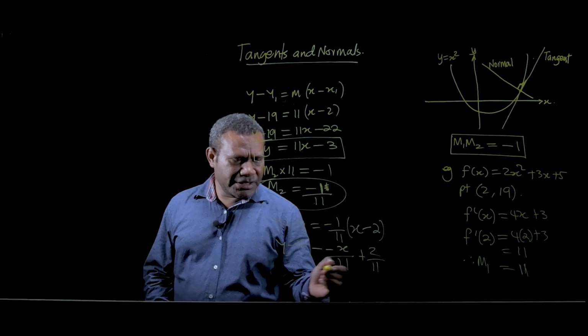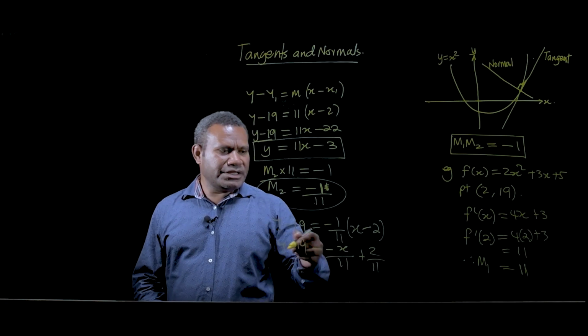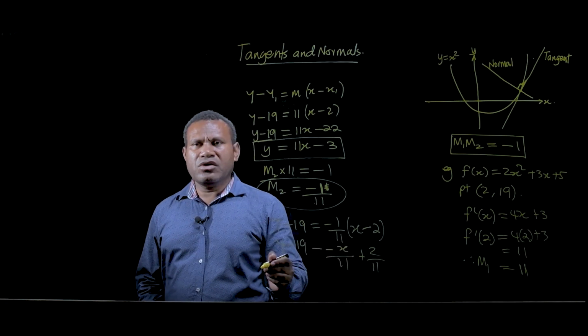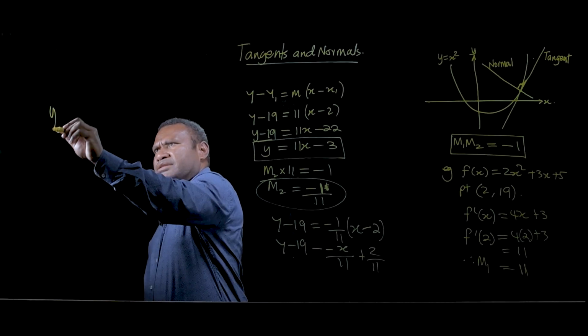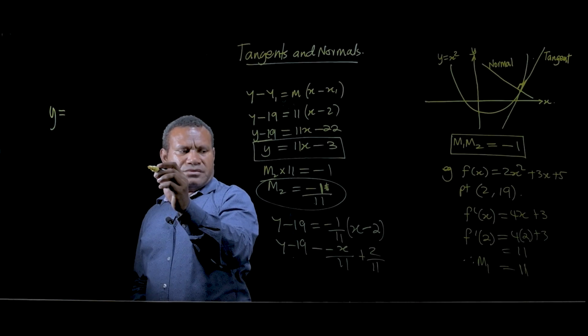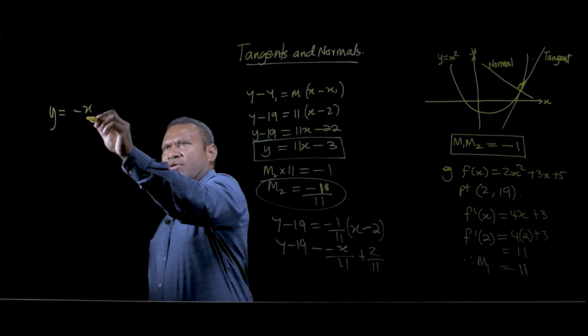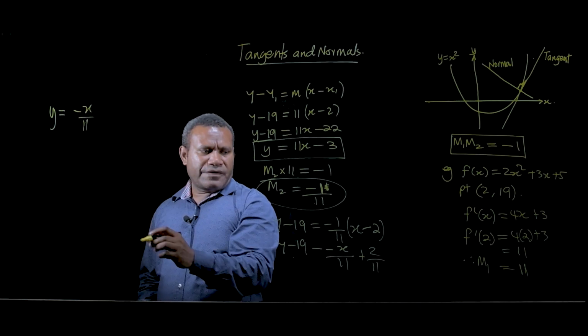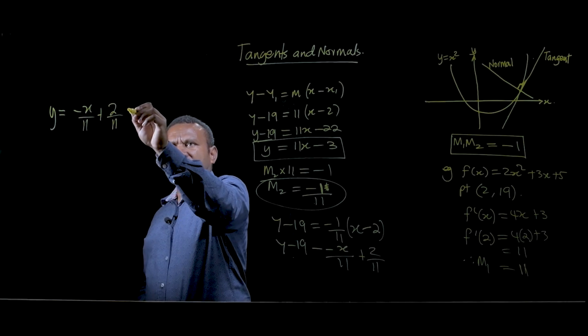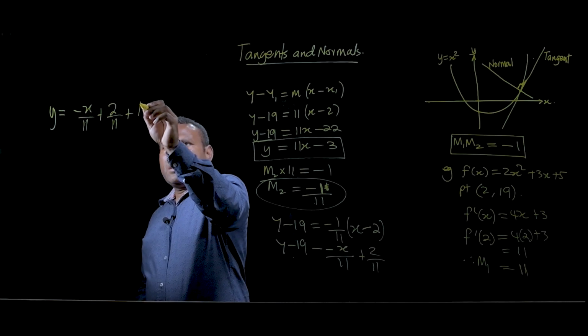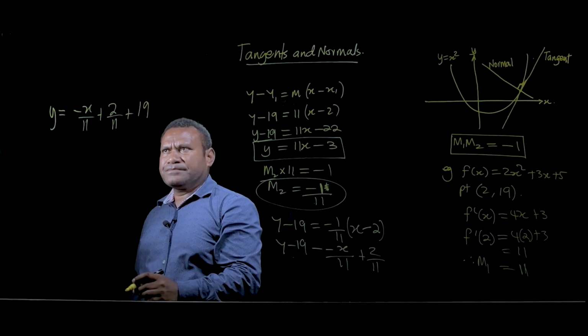The next part is to bring the negative 19 over to the other side, or add 19 on both sides. We will have y is equal to minus x over 11 plus 2 over 11 plus 19.